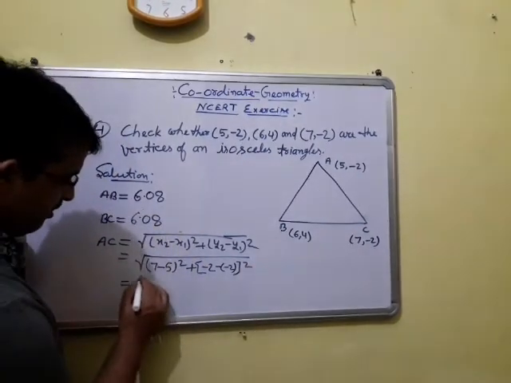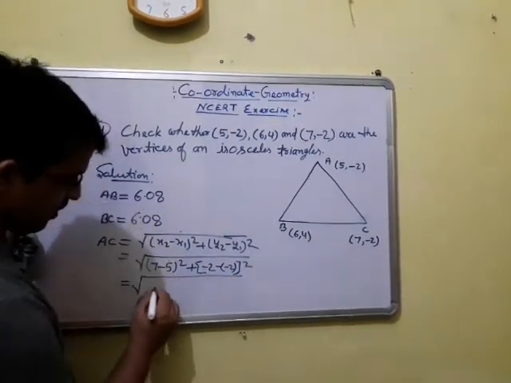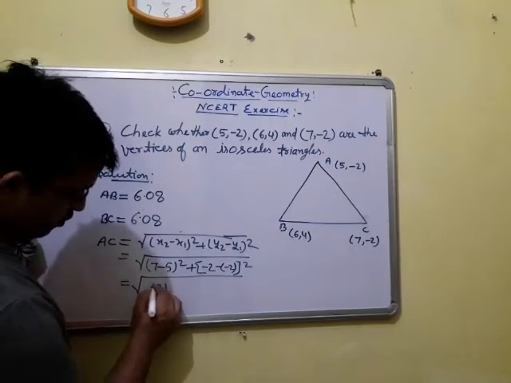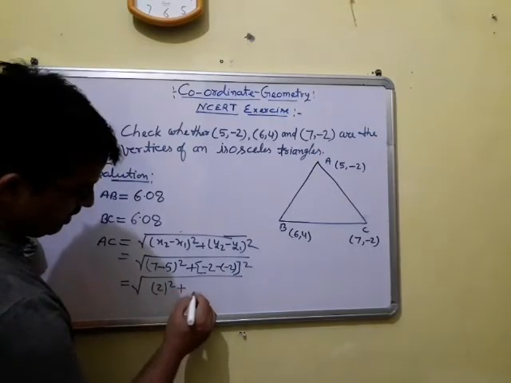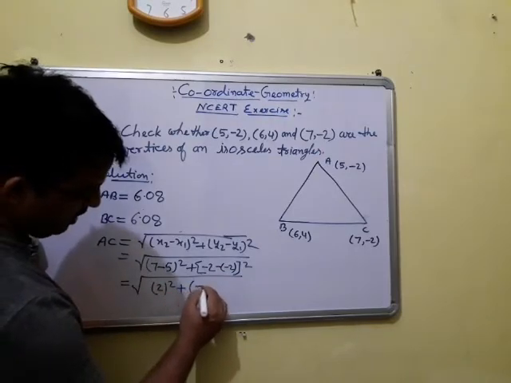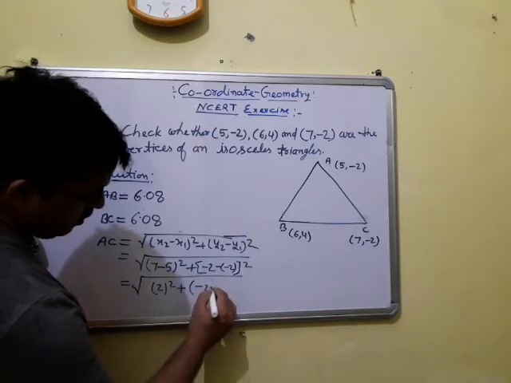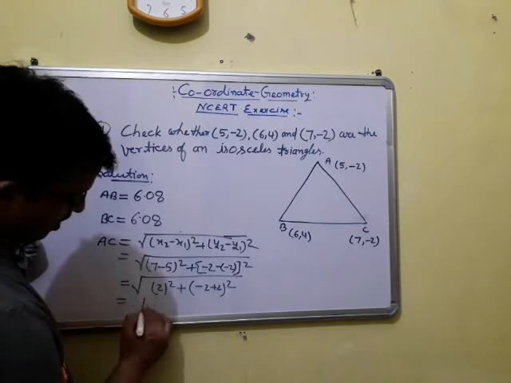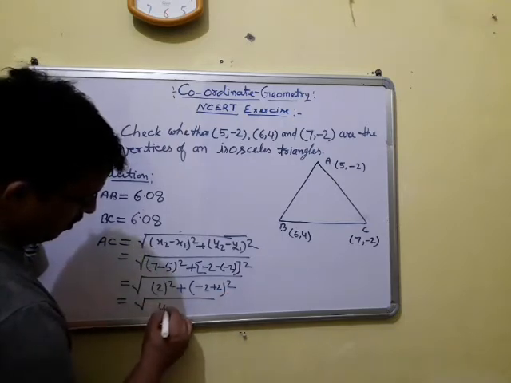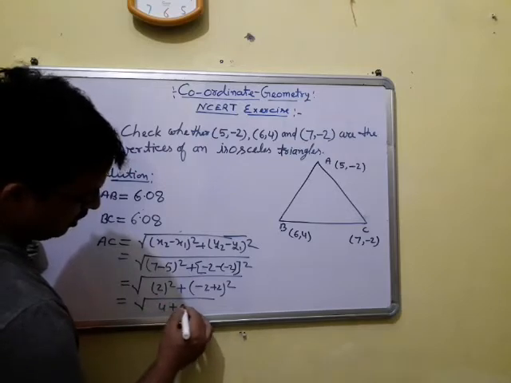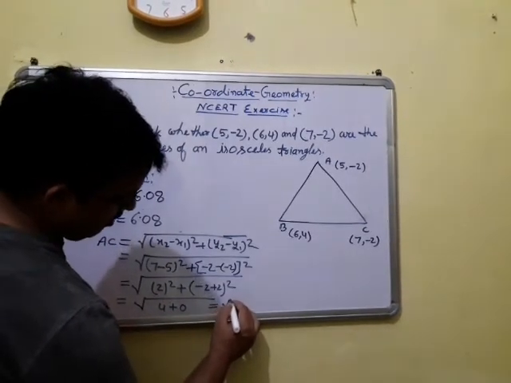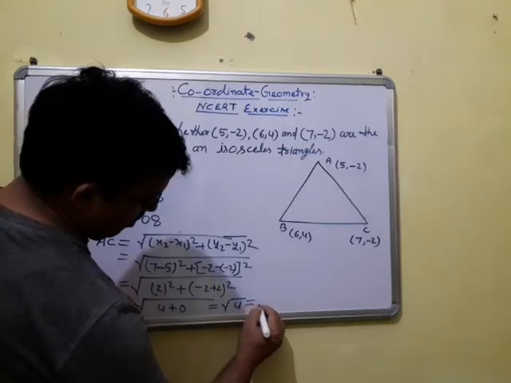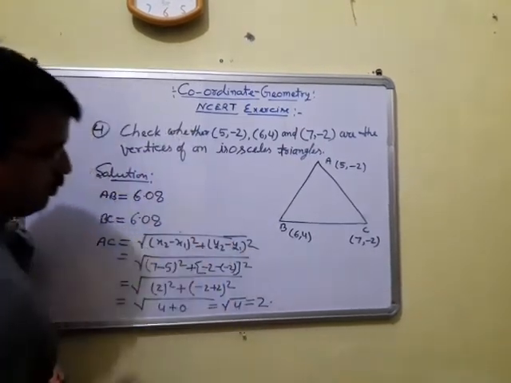So what do we get here? 2 whole square plus minus 2 plus 2 whole square. So we get 4 plus 0, which is 4, and the square root of 4 is equal to 2.